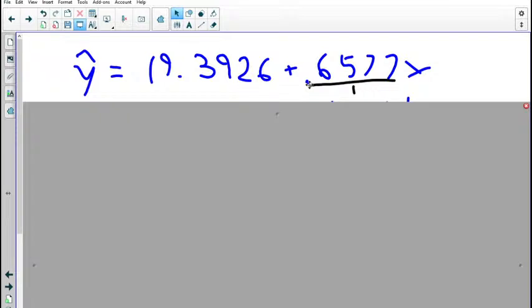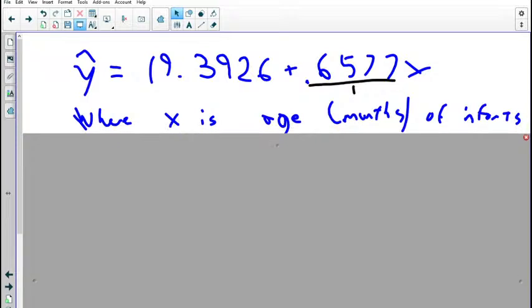So every time that goes up by 1, so for each month that the age increases, y, which is, what did y represent? Height, is predicted to increase, because the slope is positive, by this amount.